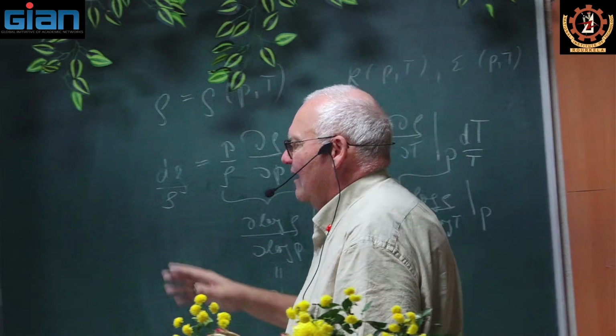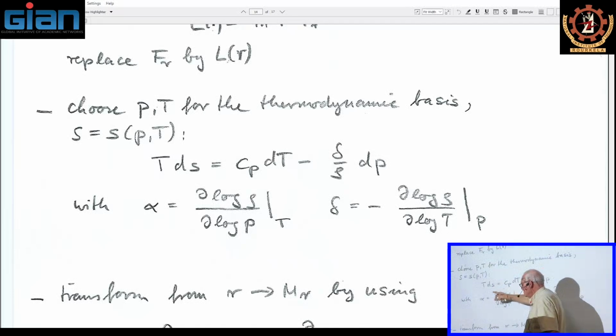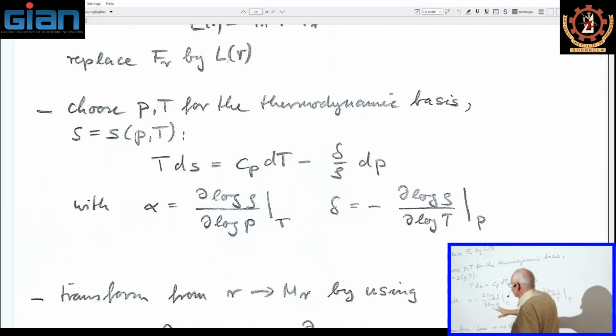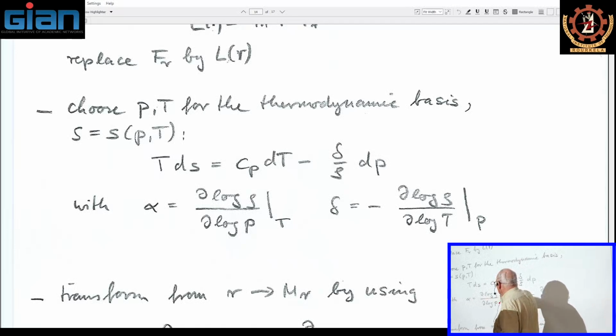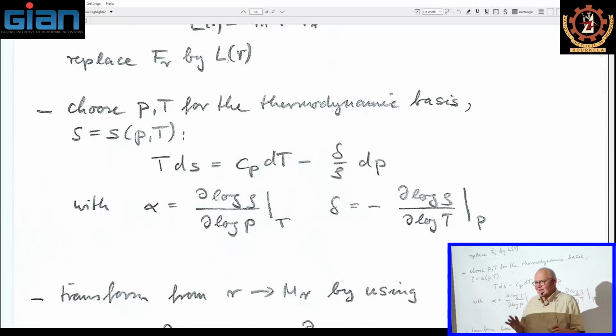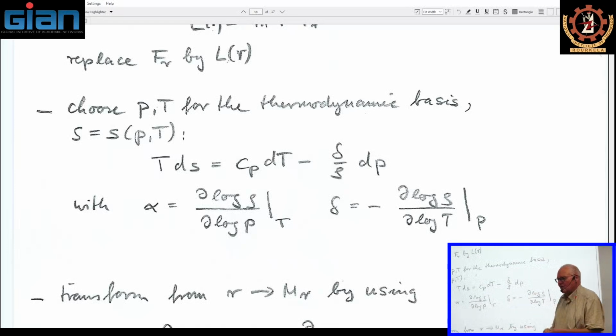Okay, now I promised I would explain how T times ds by dt, which is one of the terms that appears in the energy equation, is replaced by Cp times the time change of temperature and the time change of pressure.